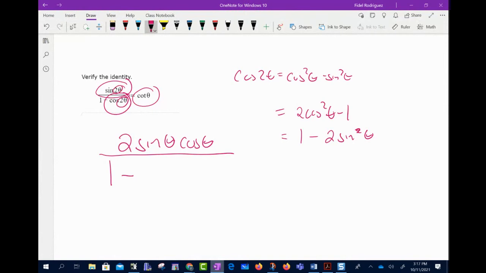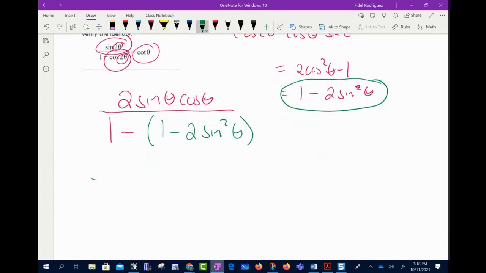Okay. All right, so guys, this is what I'm going to do. I'm looking at this part right here, and I'm going to try using this one. It doesn't really matter which one I use, but I got to use at least one of them, okay? So look, 1 minus, I'm going to put this part in parentheses, 1 minus 2 sine squared theta, right?